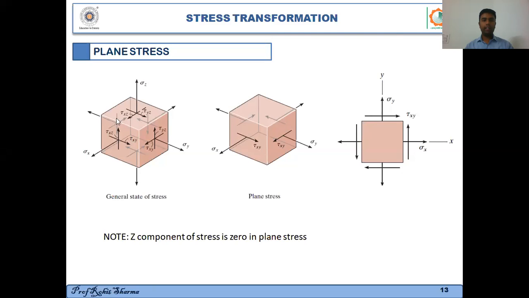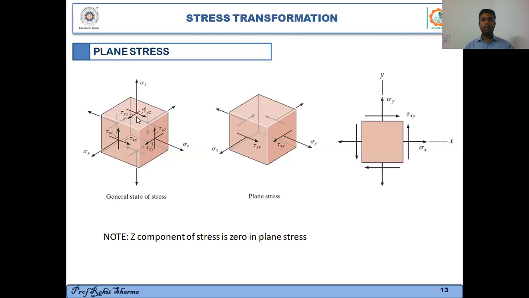In case we have a block like this, then we have one normal stress and two shear stresses on each and every face. Like we have a normal stress on this face and two shear stresses on this face, and likewise on all the faces. So this is a general state of stress.